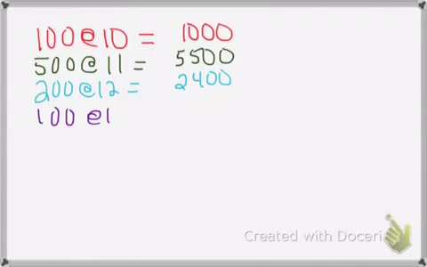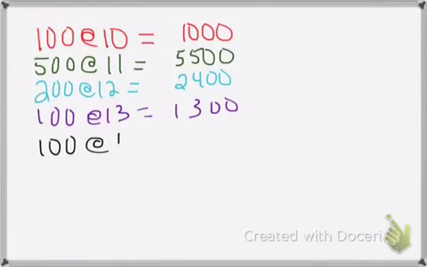So 100 at 13 was the 1,300. Now I go 100 at 14, and that's going to be the $1,400.